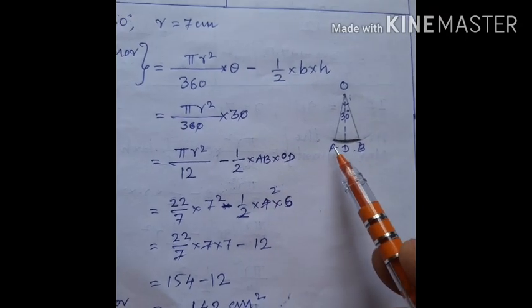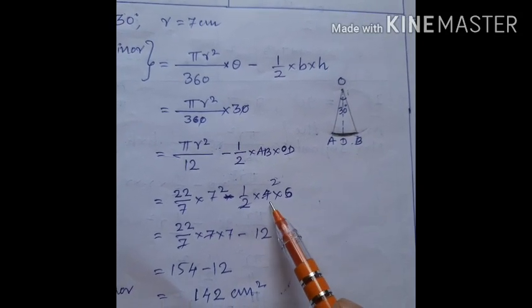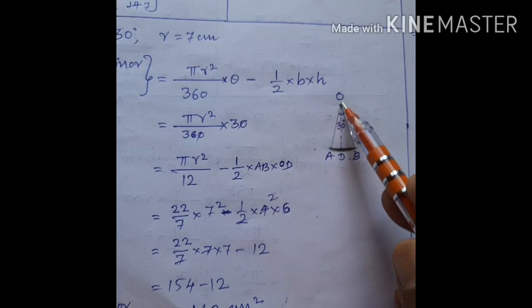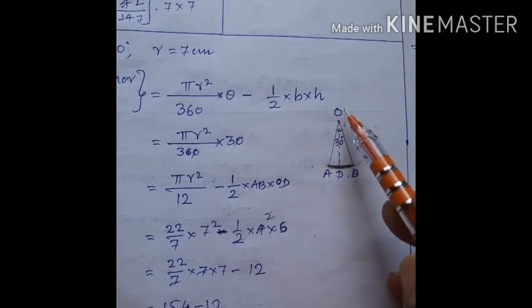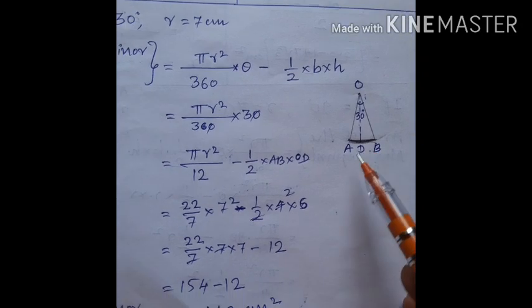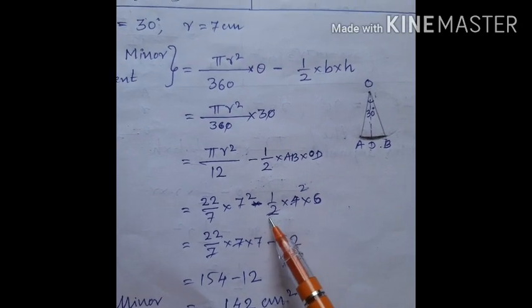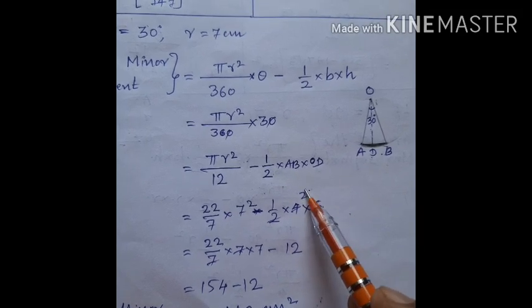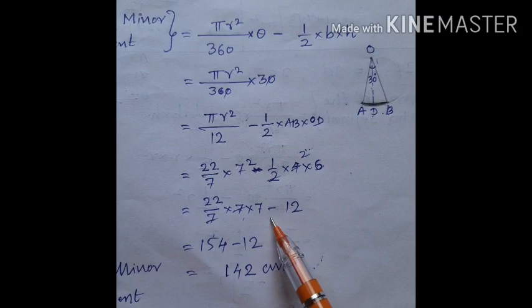Suppose this length AB is 4 centimeters and this length OD is 6 centimeters, which means base is 4 centimeters and height is 6 centimeters. Then we have half into base into height. So 2 ones are 2, 2 twos get cancelled, 6 twos are 12. Thus it is 22 by 7 into 7 square, which is 7 into 7.